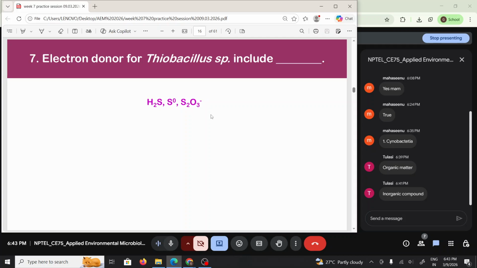And at the end of this process, these compounds are oxidized into sulfuric acid or sulfate compounds. So primarily you need inorganic compounds because this is a chemolithoautotroph, and because it's Thiobacillus you are using sulfur-rich compounds like hydrogen sulfide, elemental sulfur, thiosulfate, and sometimes sulfite.